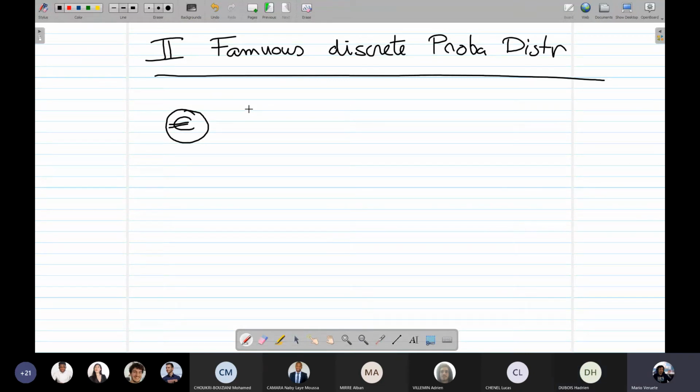Yes. La Bernoulli, B of p, is maybe the simplest probability distribution you can think about. What does it mean when I say that a random variable X follows this probabilistic law?